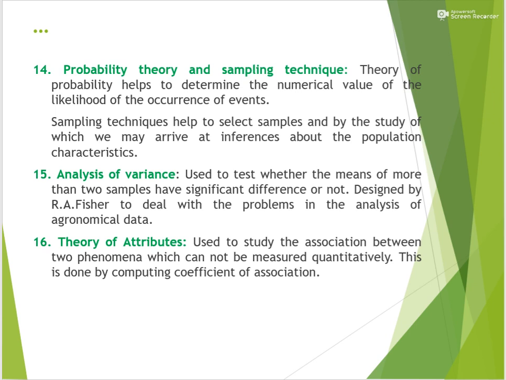And yet another statistical quantitative technique is theory of attributes. This is used to study the relation between two phenomena which cannot be measured quantitatively. For this purpose, we may compute coefficient of association.